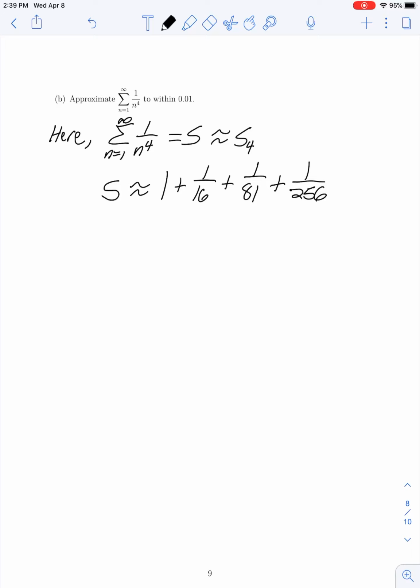So this expression would be an approximation for the sum of that series, which is accurate to within 2 decimal places, or to within 1/100th.